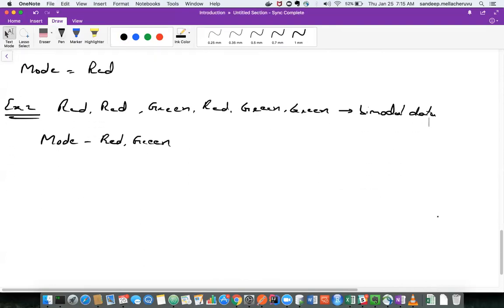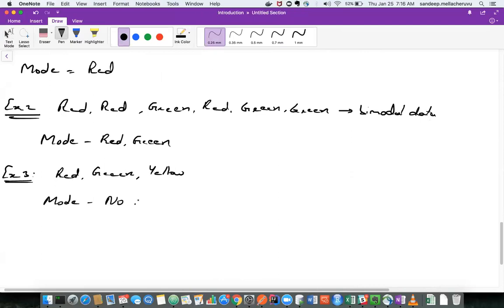But what about the other cases? Let's say the data has red, green, and yellow. What is the mode now? Actually there is no mode. There is only up to bimodal data.